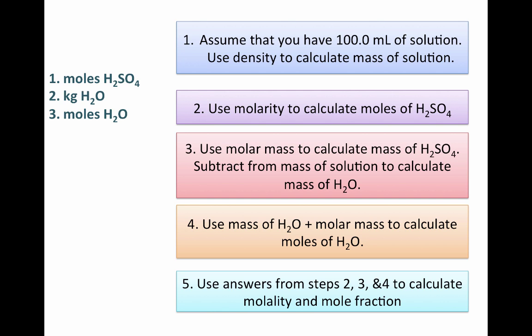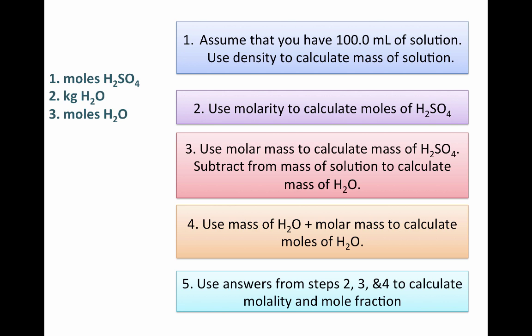We're going to start by using the density to calculate the mass of the solution, and we'll see why we do that later. Next, we use the molarity to calculate the number of moles of sulfuric acid. So that's the first thing that we're looking for. So that gets that out of the way. The next thing that we're looking for is the mass of water.